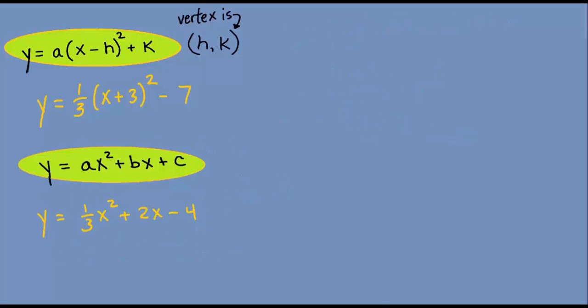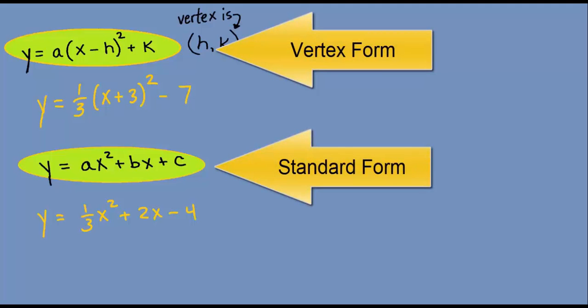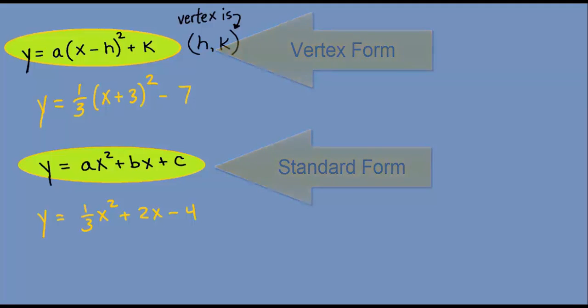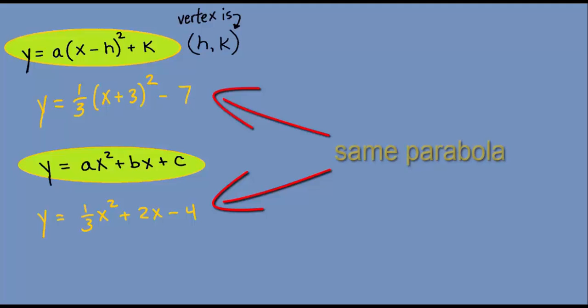All right, so here we are with the vertex form for a quadratic and the standard form for a quadratic. And then underneath those general forms, we have in orange 2 versions of the exact same quadratic. So obviously they're going to make the same parabola. So let's draw an axis.